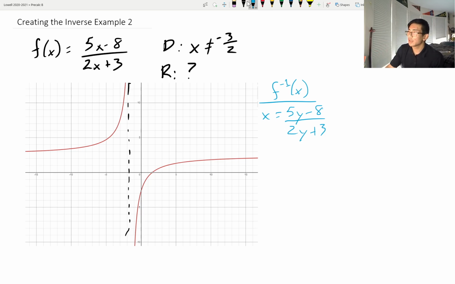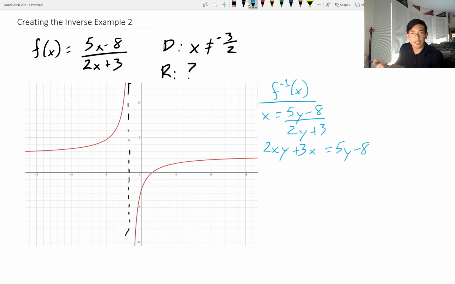Let's get all the y's on one level, meaning in the numerator. So I'll multiply both sides by 2y plus 3. When I do that, I'll have 2xy plus 3x equals 5y minus 8. You can see I just multiplied both sides by 2y plus 3 and distributed that x.